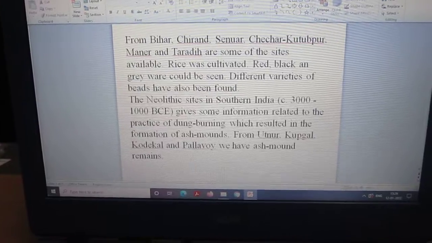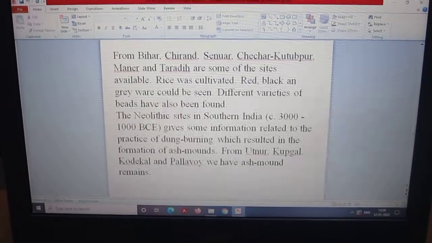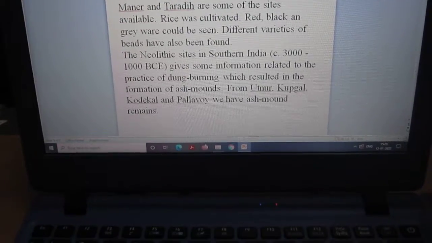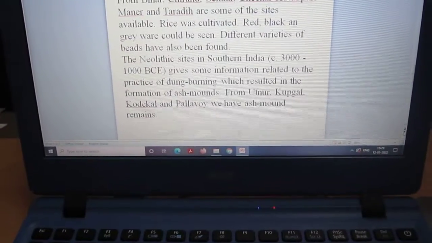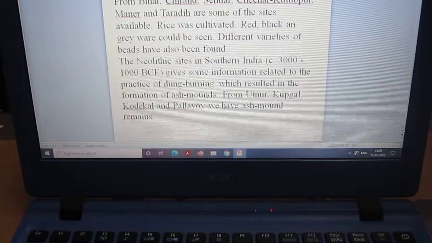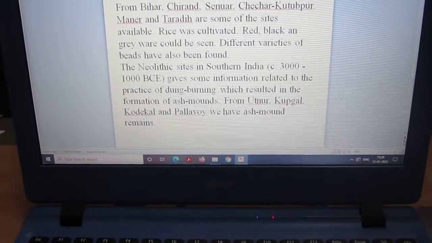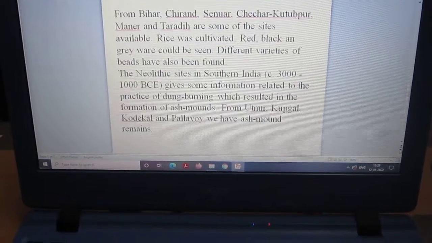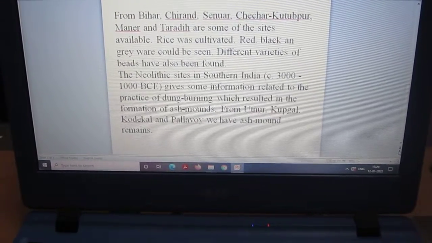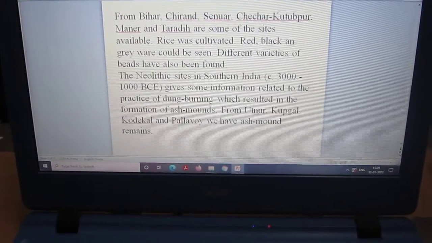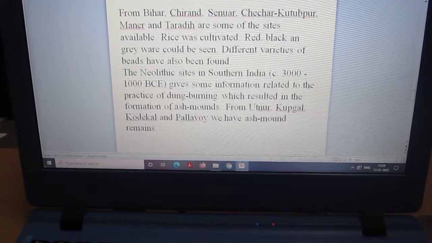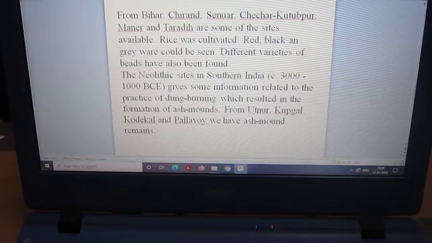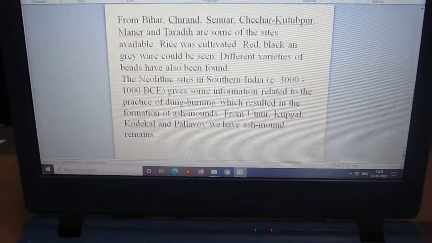And if we look at southern India, the Neolithic age in southern India is a little bit different from the rest of the Indian subcontinent, and it is the most recent one also. From around 3000 BCE to 1000 BCE, people lived in southern India with these characteristics of the Neolithic age. In southern India, we see a unique tradition of dung burning, which is evident from the ash mounds available in different regions.